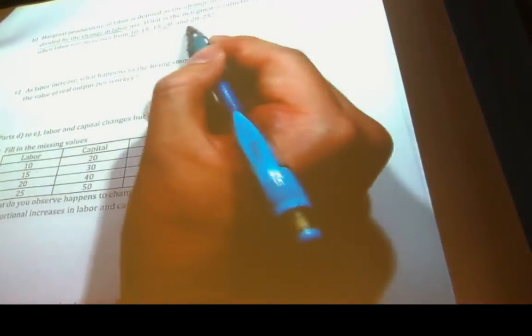Just sub it in. And then for B, the marginal productivity of labor is defined as a change in real GDP divided by the change in labor use. So we have 3 ranges. So for 10 to 15, 15 to 20, and 20 to 25. You can see that output increases by 9.6, right?